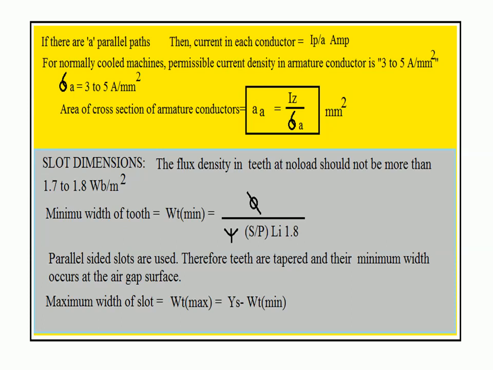For parallel sided slots, the teeth are tapered. If we are using parallel sided slots, teeth are tapered. Their minimum width occurs at the air gap surface. Hence the maximum width of tooth equals WT maximum equals slot pitch minus WT minimum.